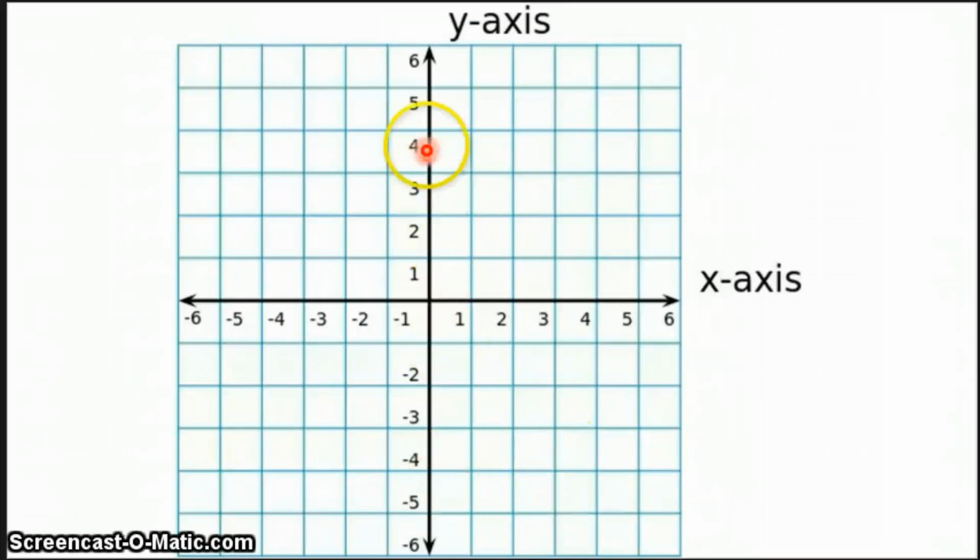So the basic details: this is a graph paper, and we have the y-axis and the x-axis. This is the center or point of origin, which is marked as O. On the right side, we have the positive x-axis. On the left side we have the negative x-axis, and this is the positive y-axis, and below this line is the negative y-axis.